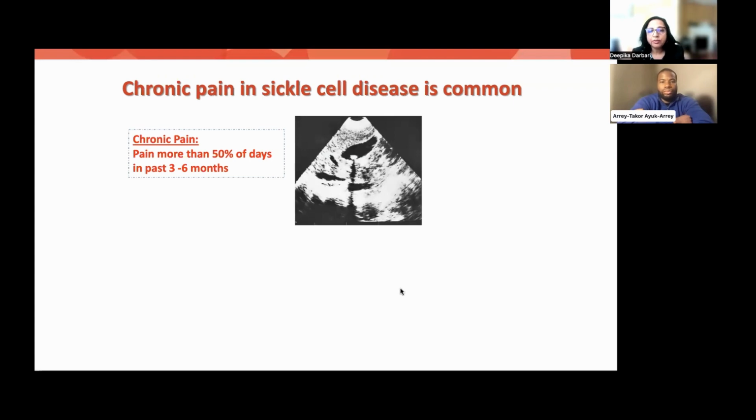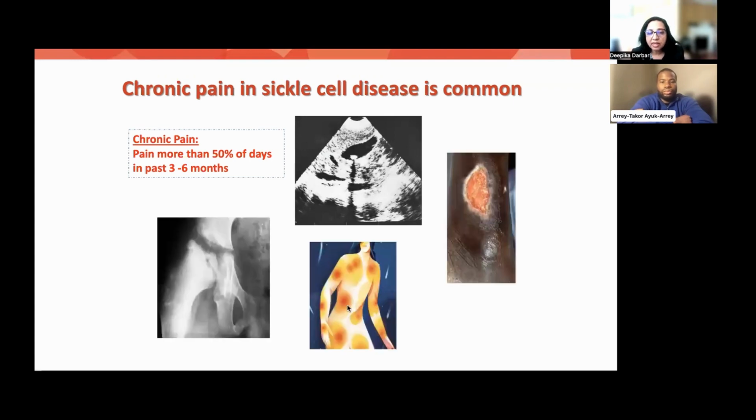You can keep going. So this slide shows some of the reasons why someone may have acute pain on the background of chronic pain. So someone on the left side, as you see the X-ray of the hip joint, may have avascular necrosis of the hip, and that can cause chronic pain. Sometimes they may have gallstones, as shown in the ultrasound up there, or the leg ulcer in the picture on the right side.